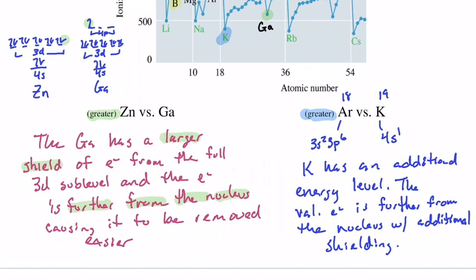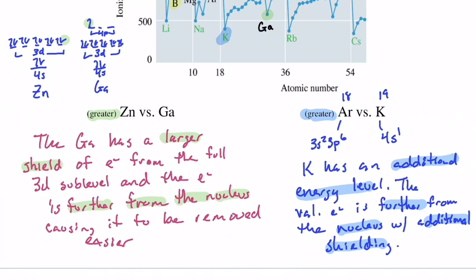You might need to work them into the problem, but you do need to address it. You need to say something. So again, I don't feel great that I didn't give you anything really new here. If you want to be specific, you can say additional energy level being in the 4th versus the 3rd, and then further from the nucleus with it. There's a lot of good stuff in that one though, because it's repetitive.